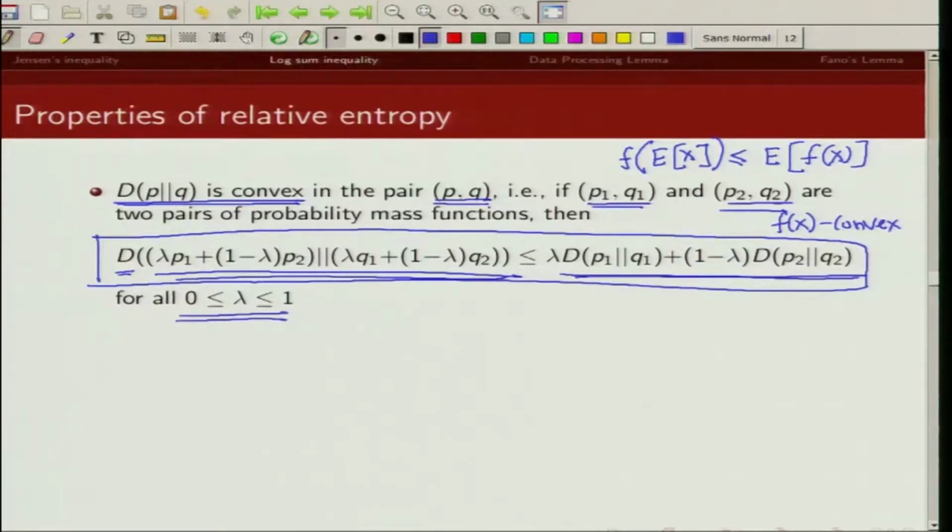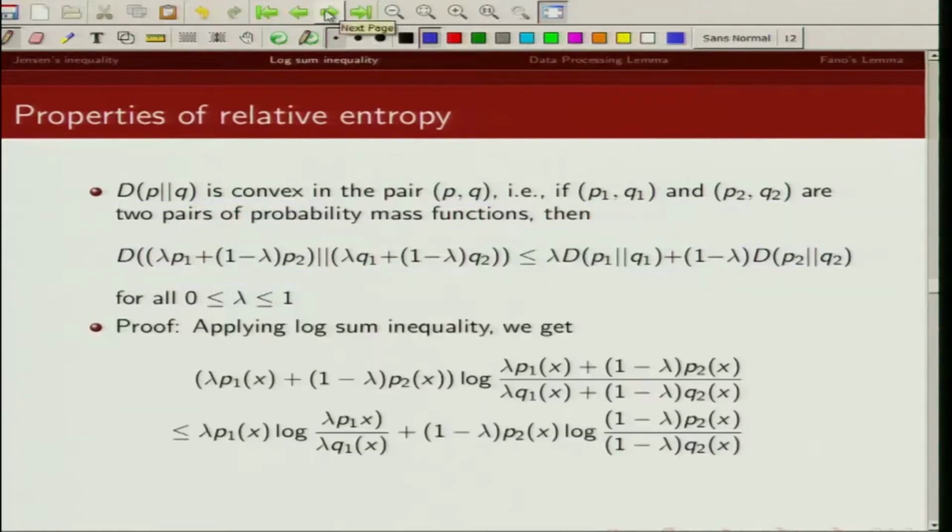So, let us see how we can make use of log sum inequality to prove this result. Now, we are applying log sum inequality. Now, what does log sum inequality say? The log sum inequality says summation ai log of ai by bi is greater than or equal to summation ai log of summation ai by summation bi, right.